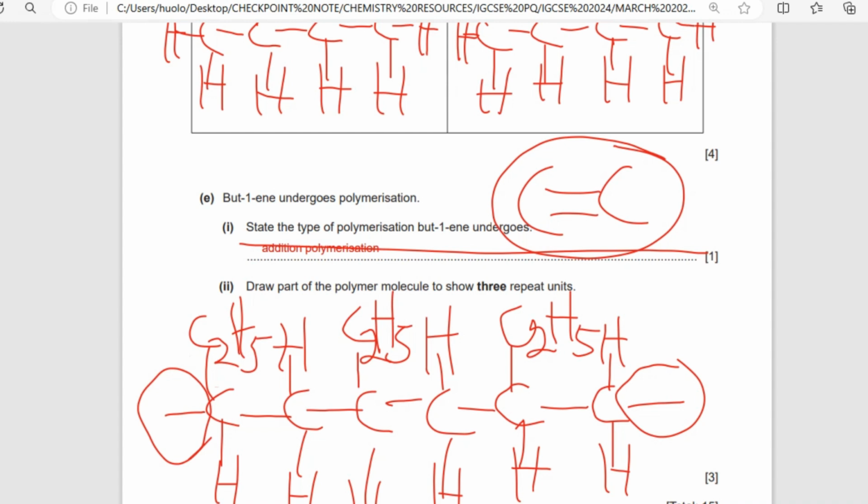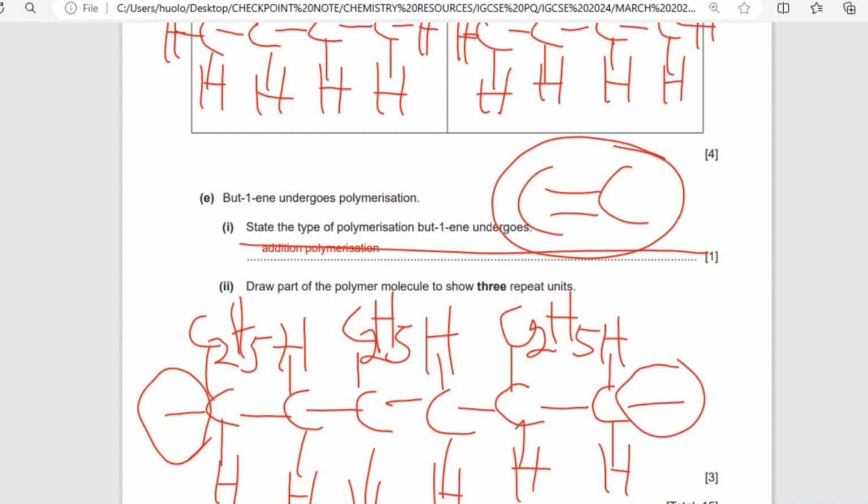2 carbons at the center. Draw 2 repeat units for any addition polymerization. You are going to have 4 carbon on the straight chain, because your focus is on the carbon-carbon double bond. Every other attachment, flip every other attachment such that you will always have carbon-carbon double bond on the straight chain.